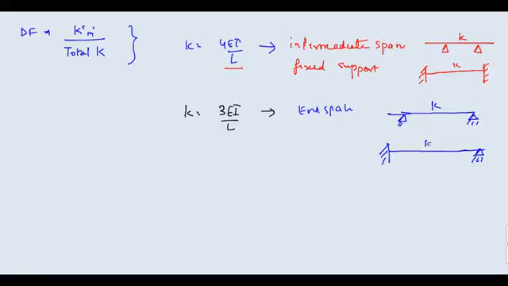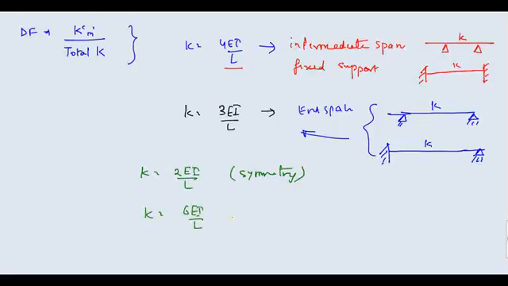So for these end spans, you can use your stiffness as 3EI by L. Then I told you that stiffness can also be equal to 2EI by L if you are making use of symmetry to reduce the size of your problem, and K can also be equal to 6EI by L if you are making use of anti-symmetry. I hope you are able to understand this.